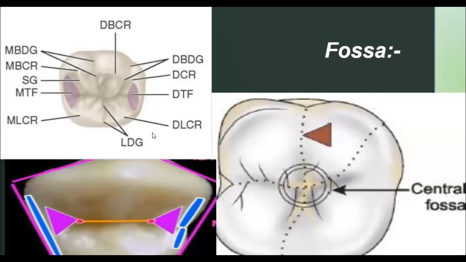It is located on the occlusal surface of the molars and premolars. It is located on the lingual surface of the anteriors, especially in incisors, where it is very pronounced and prominent. It is found near the mesial or distal marginal ridges, right?